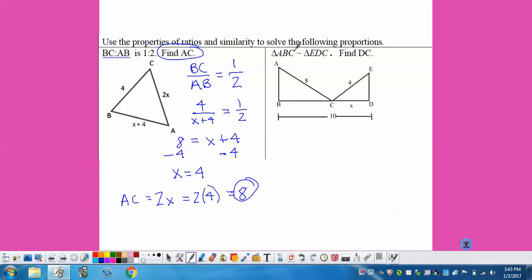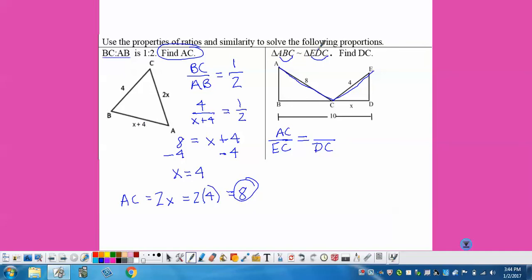Next, if ABC is similar to triangle EDC, find DC. So, the two sides that we know, AC and EC, are proportional. So AC over EC. That proportion, or that ratio, if I need to find DC, which is from the same triangle as EC, I'm going to put it on the bottom.